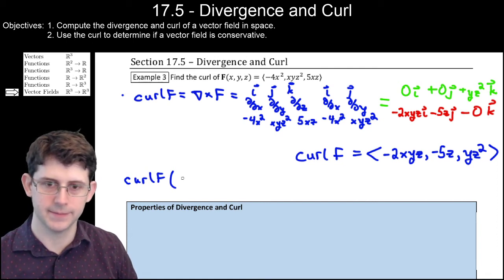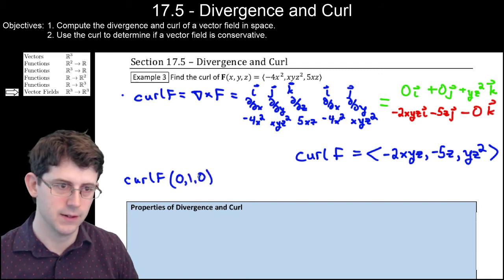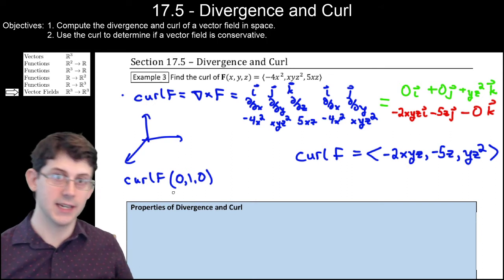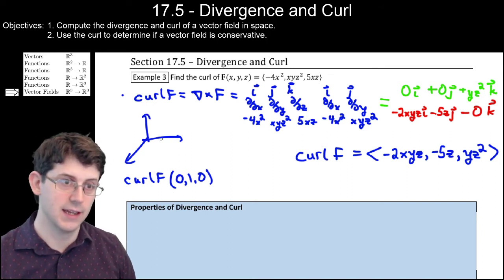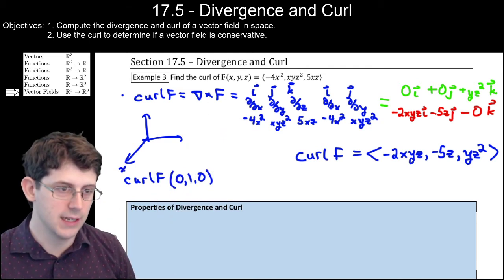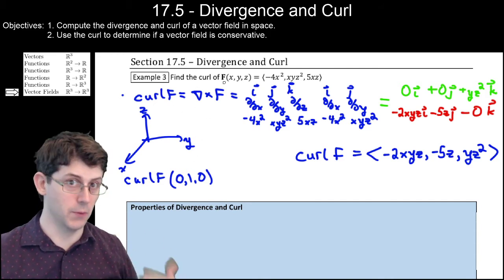I don't know. Let's do 0, 1, 0. So at every point in space, there's an arrow. That's what F is doing. F is like, there's some wind. Let's back up. F is, at every point in space, some wind.